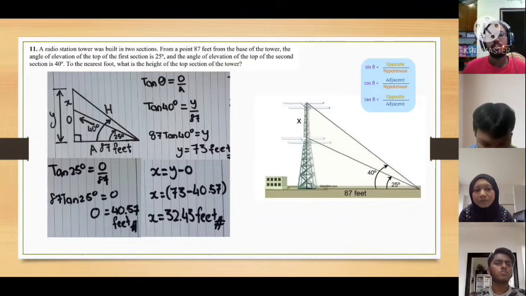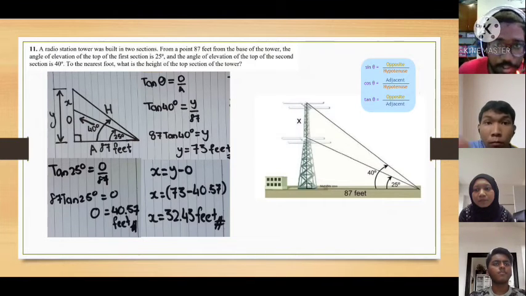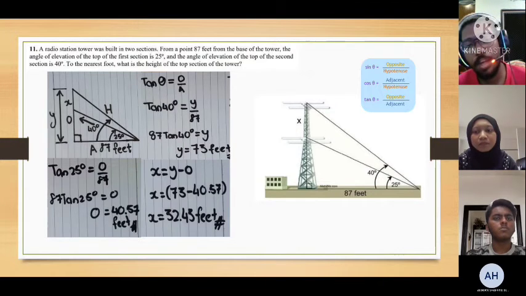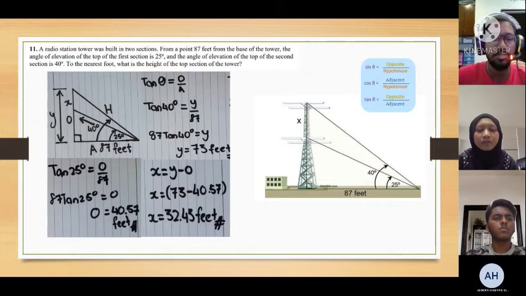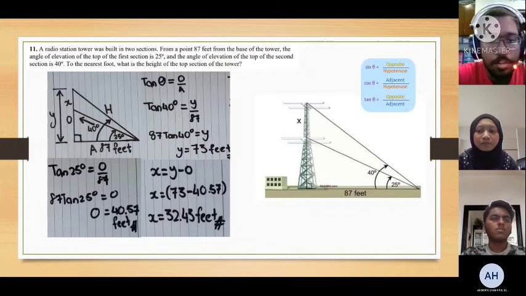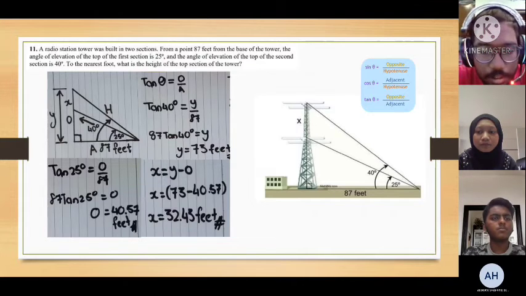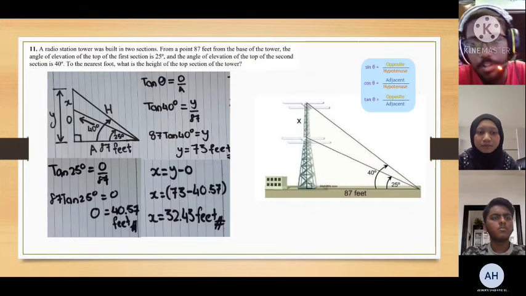To find x, we should subtract the first section, which is o, from the total height. So x equals y minus o, which is 73 minus 40.57 feet, equals 32.43 feet.